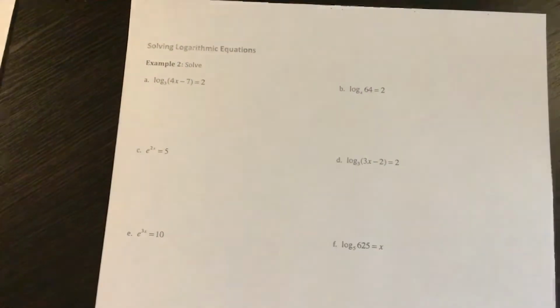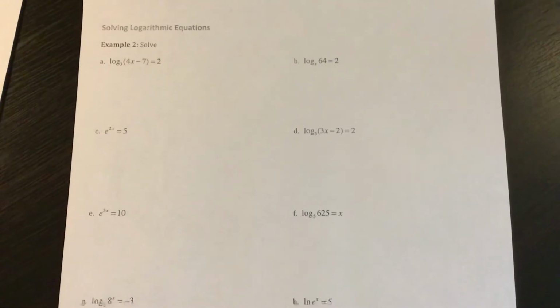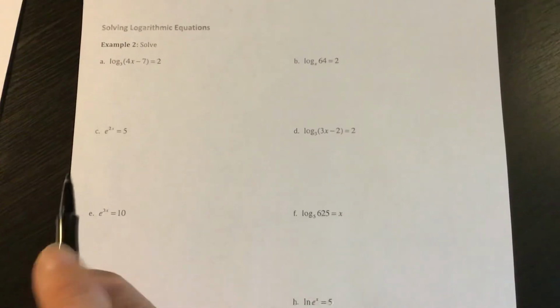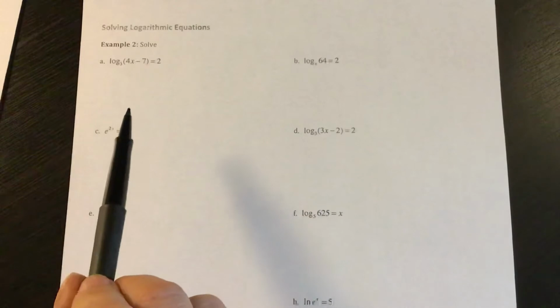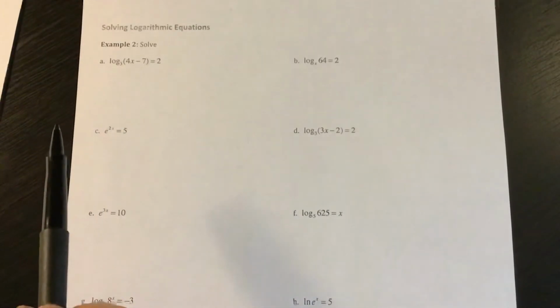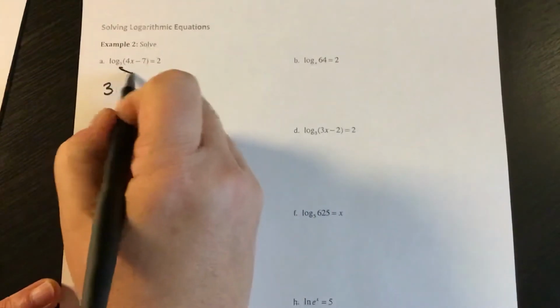But on the next page, now we have some problems that have logs in the equation. And we're going to use the properties that we had to change these to exponential sentences. So I'm going to start with my base of 3.